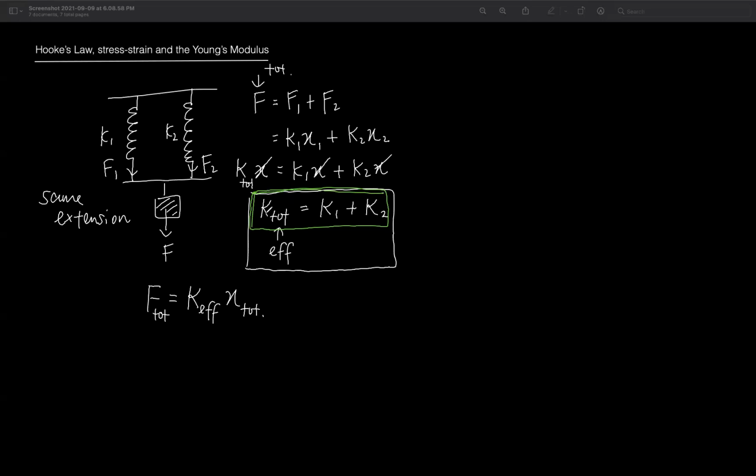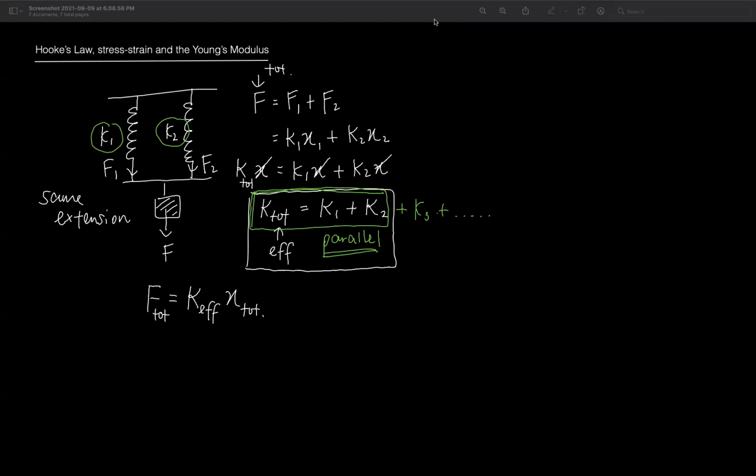The total spring constant is equal to K1 plus K2. If you have another spring, then you add K3, K4, K5 and so on. If the K is not the same, we just add it up. So for parallel, if they ask you to find the effective spring constant, just add it up.